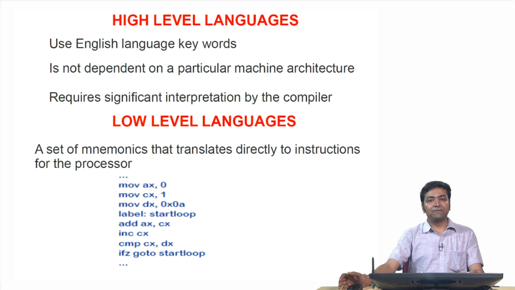Then the next level of language, which is called the second level, is typically something called an assembly language, and it consists of simple English alphabets or numbers, but still it cannot be easily deciphered by a programmer. So, for example, here is an example of such a low level language.